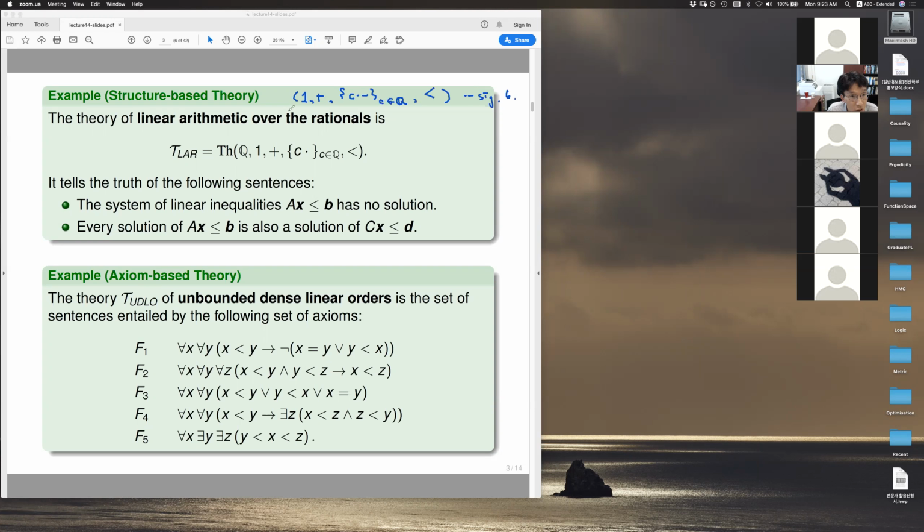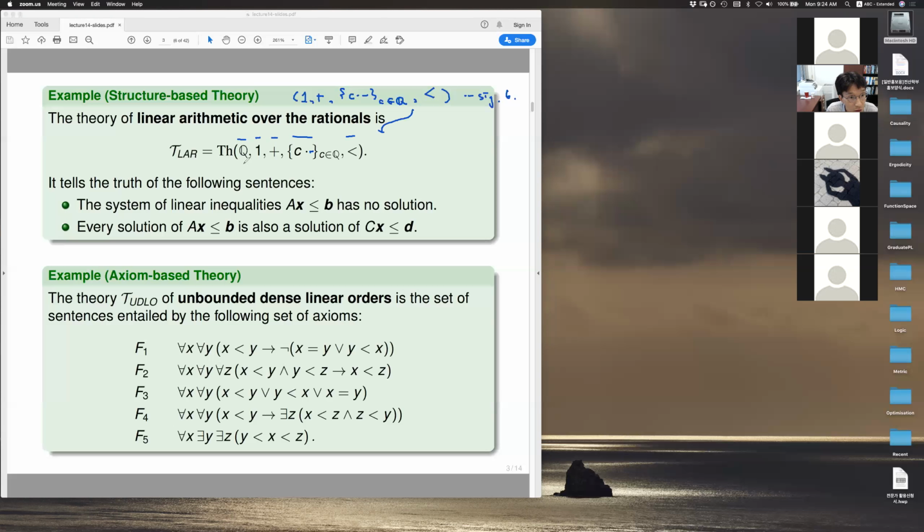Our structure A has as its underlying universe the set of rational numbers. 1 is interpreted as the rational number 1. Plus is interpreted as the usual plus operation. c· is interpreted as a unary operation, a constant multiplication operation. Less than is interpreted as less than. So they have the interpretation that you expect.